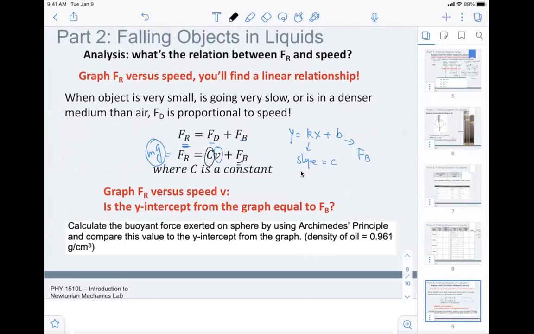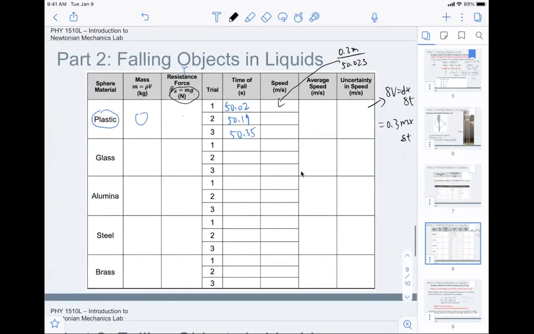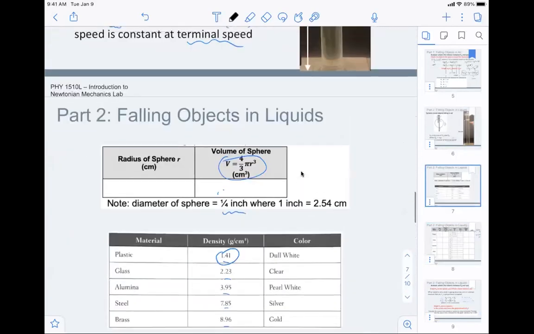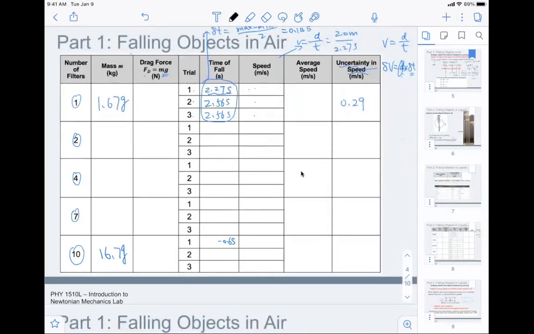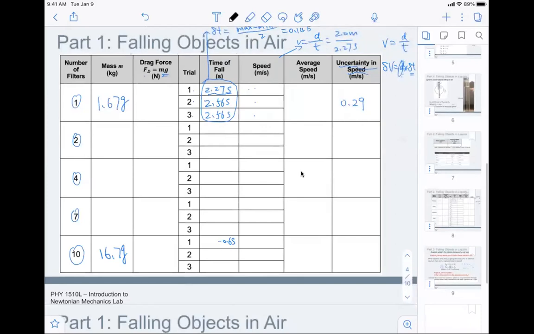And we already tell you it's proportional to V, not V to the power of n. So for part 2, you just graph your weight and your speed directly. In part 1, once you get your weight and your speed, you cannot graph it directly. You have to take the log and then graph. So that is what is different.